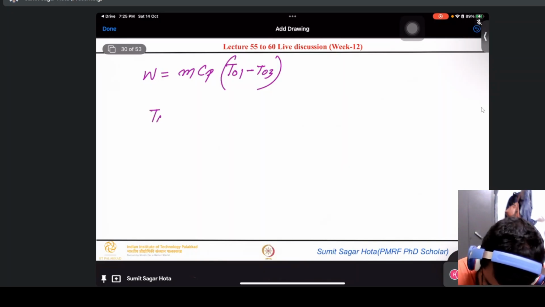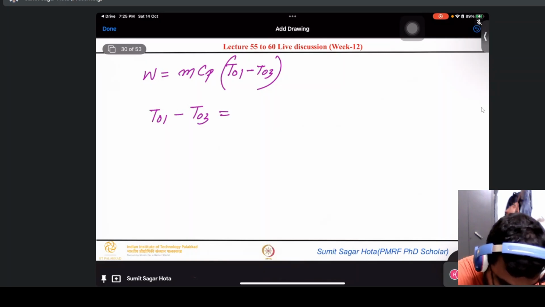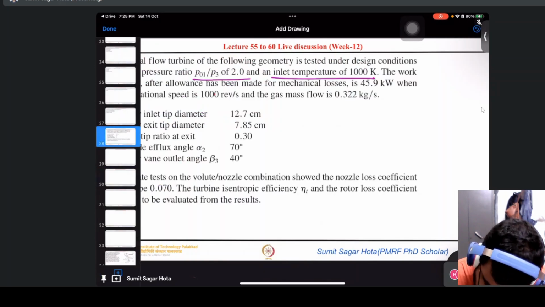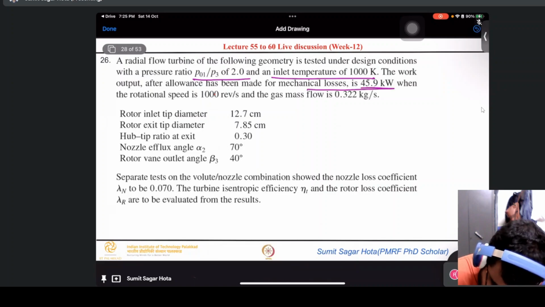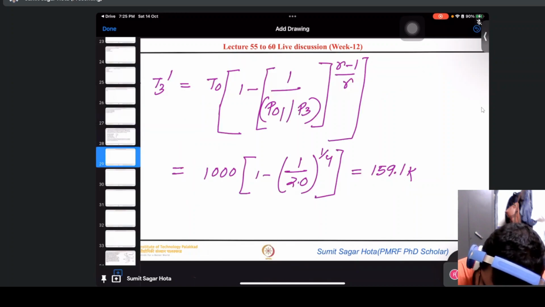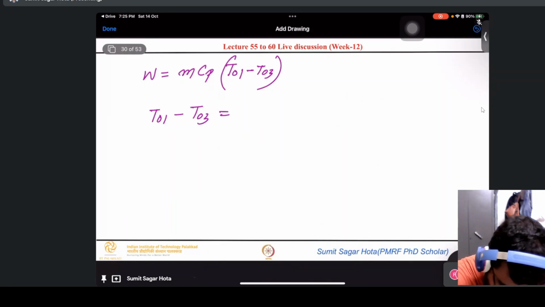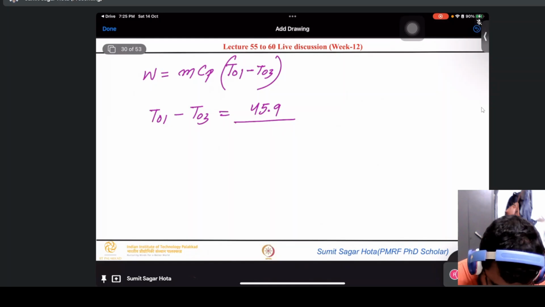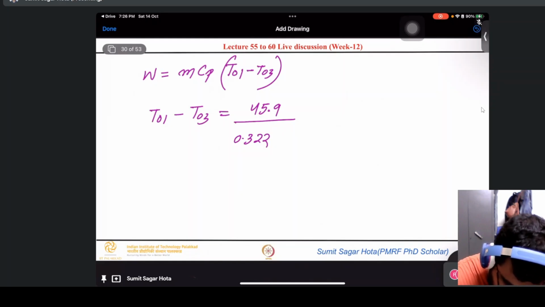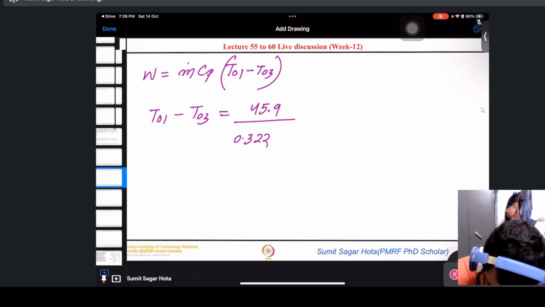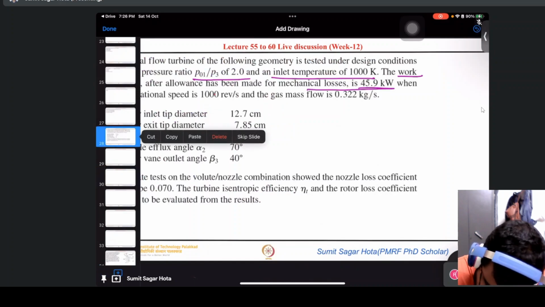So T1 minus T3 we can find out from this, because the work output is already given, 45.9 kilowatt, divided by all the other things already mentioned, m dot is 0.322 kg per second, given.